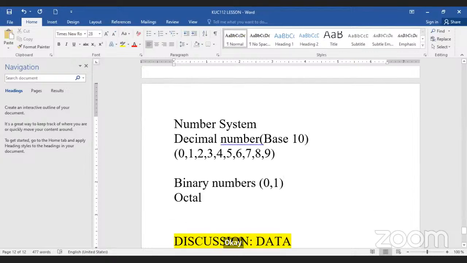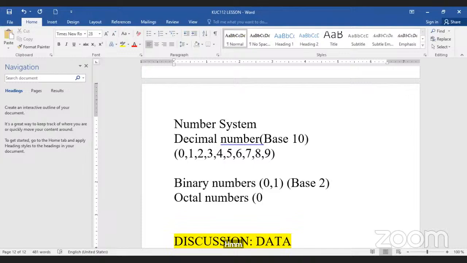Binary numbers, because there are 2, we call them base 2. Then we have octal numbers. What does octal mean? Octal is 8.